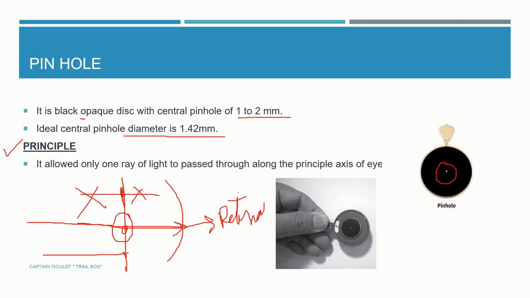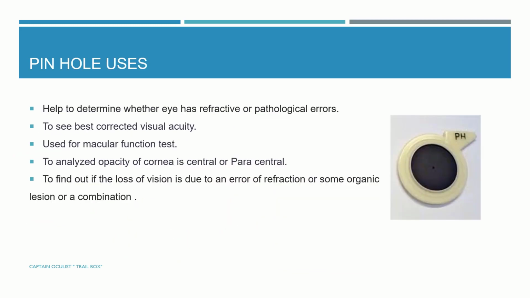So the principle, as we mentioned earlier, is that it allows only one ray of light to pass through along the principal axis of the eye. The uses of a pinhole: it is used to see best corrected visual acuity. It is used for macular function test. It is used to analyze the opacity of the cornea in central or paracentral.